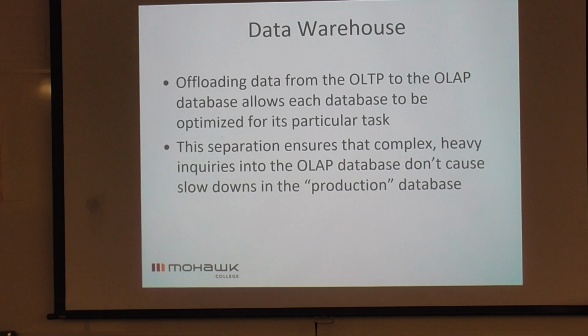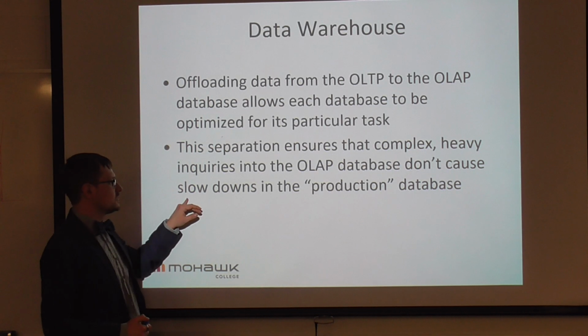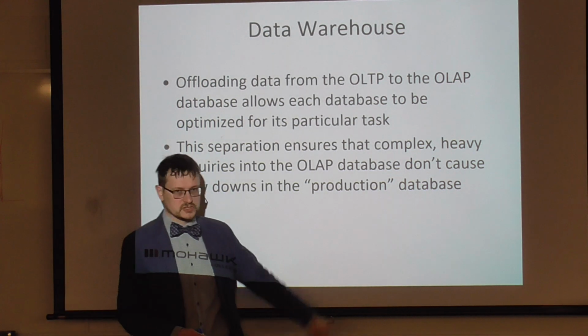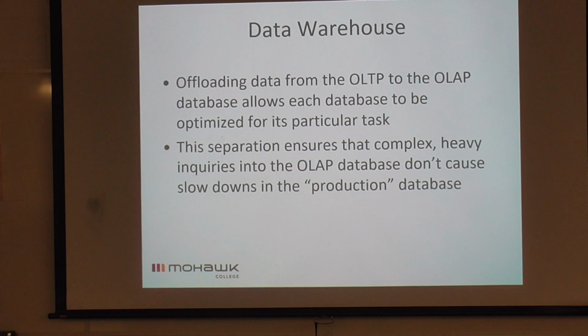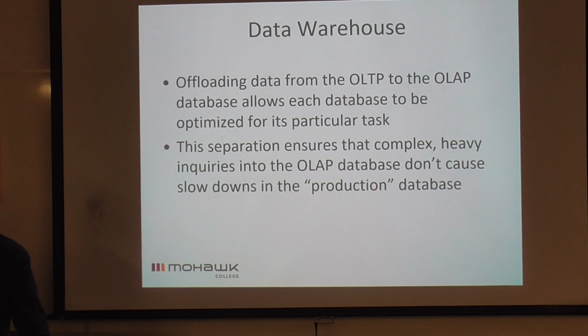This separation ensures that complex, heavy inquiries in the OLAP database don't cause slowdowns in the production database. And you offload data into the data warehouse nightly or however often you want to do it, right?